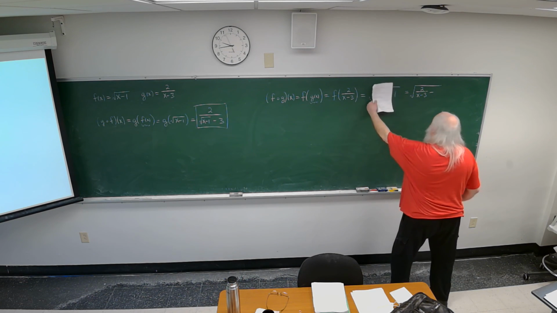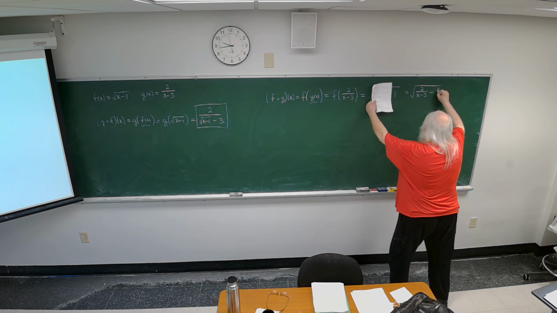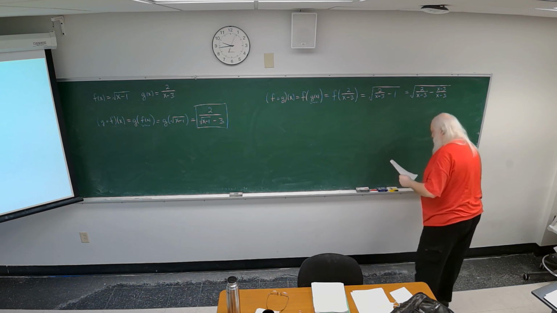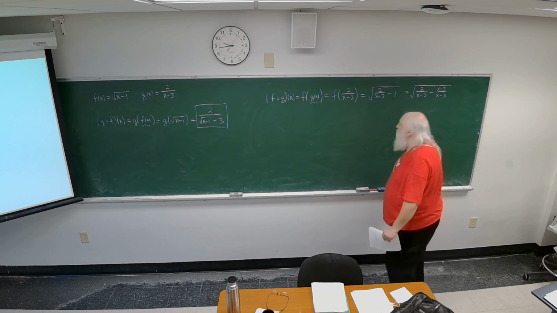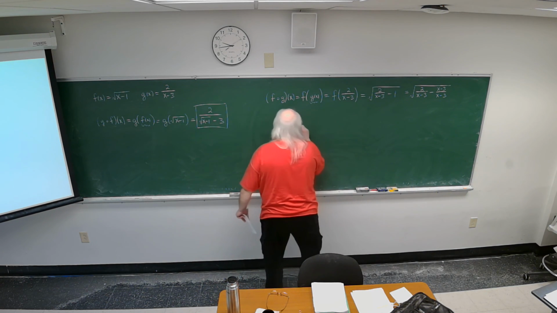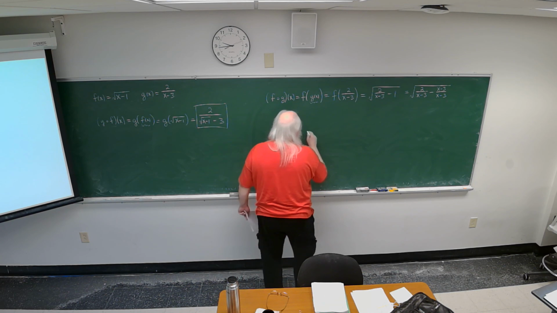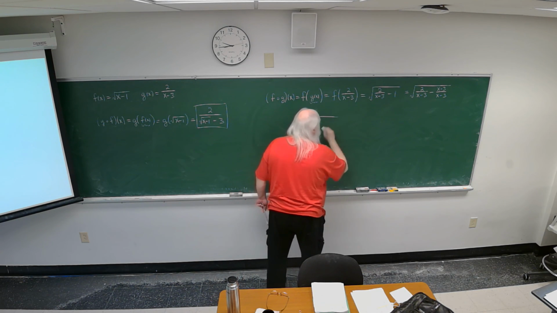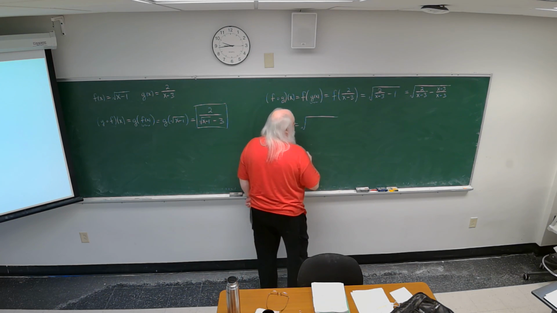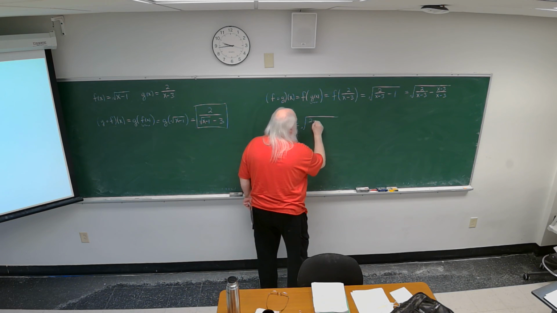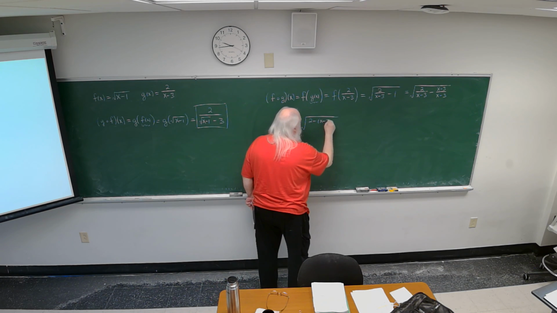So 1 can be written as x minus 3 over x minus 3. And now I can combine the numerators over the common denominator, and I have 2 minus (x minus 3) in parentheses.